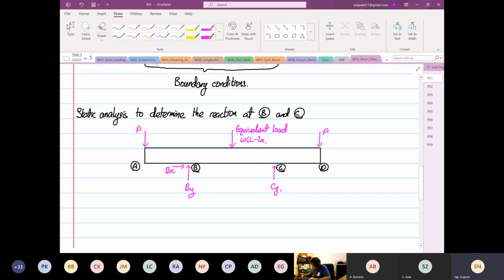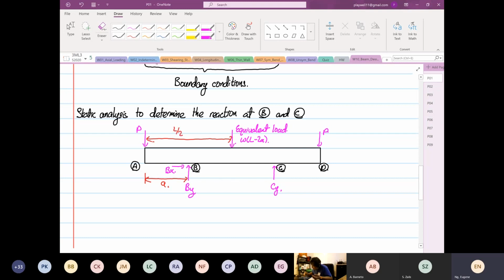Okay. And then the next thing we're going to sort out is all our distances. Okay, so we try to put in our distance. So from here to here, we know that this is our A. And then the distance from here to here, okay, is L over 2 because it's midway, right?